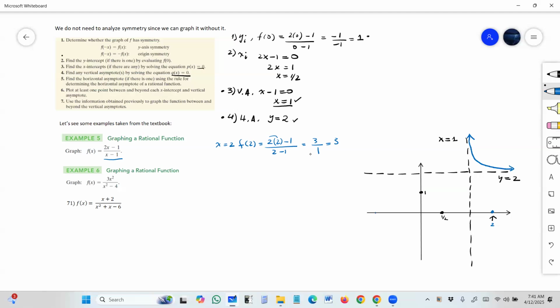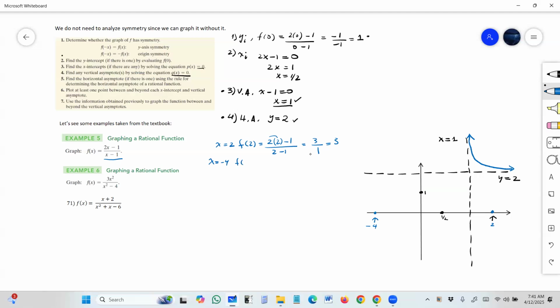Now I'm going to pick a point right here because I want to know where my graph is. Is it above here somewhere or is it below? So let's see. I'm going to pick a point here, maybe -4.